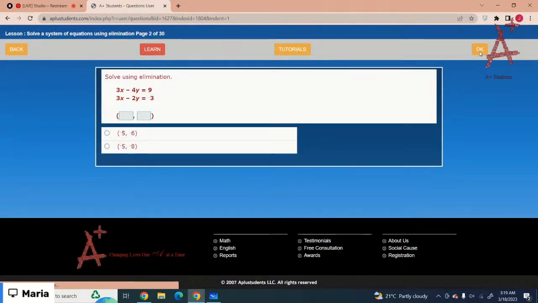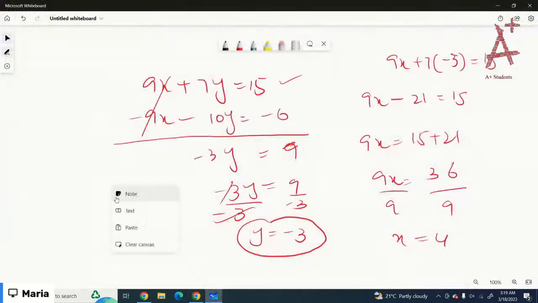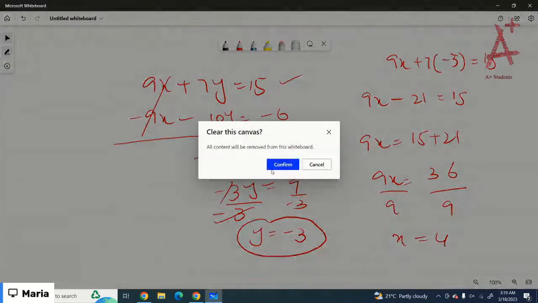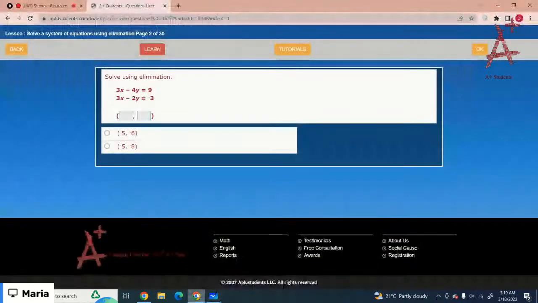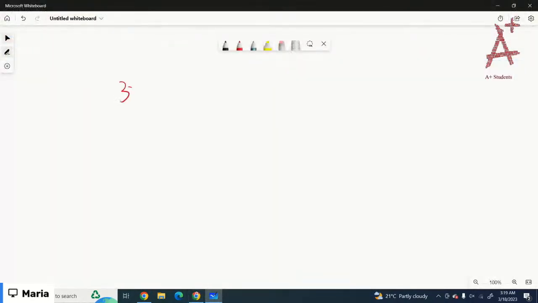Okay, let's just move on to the next example. The next example is 3x minus 4y equals 9 and 3x minus 2y equals negative 3. If any of the variables have the same coefficients, just add or subtract them.